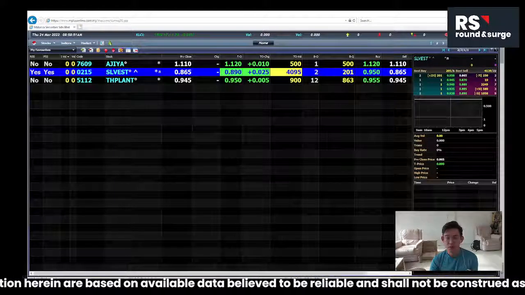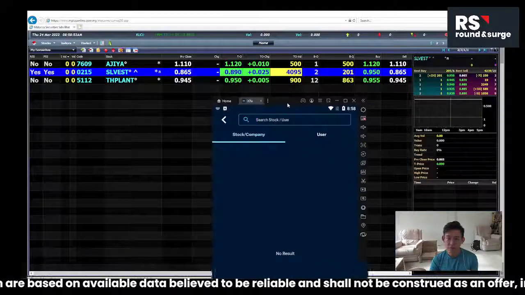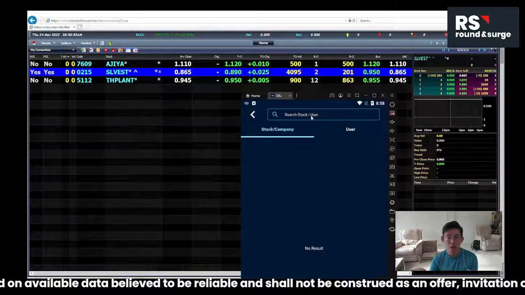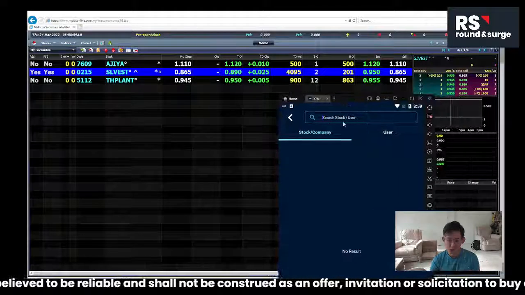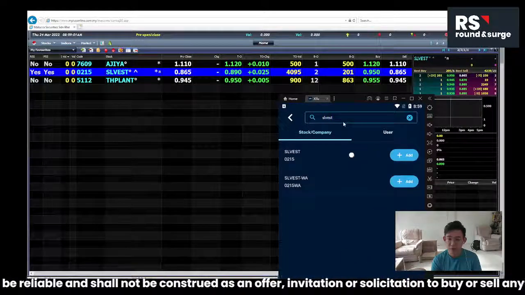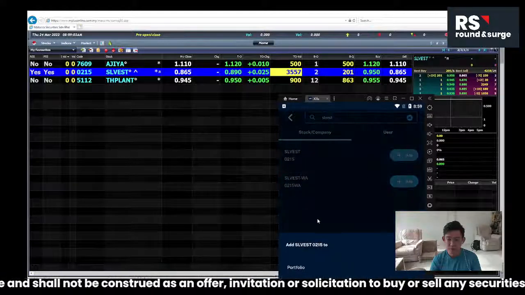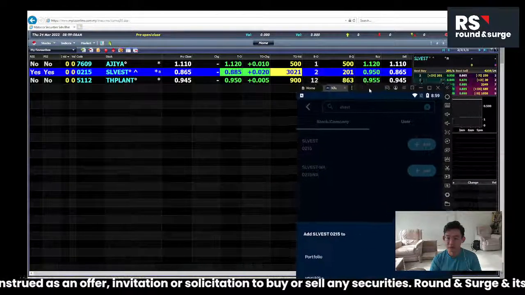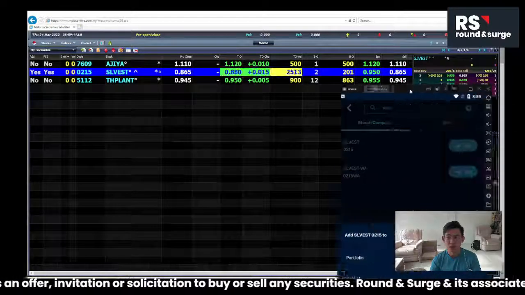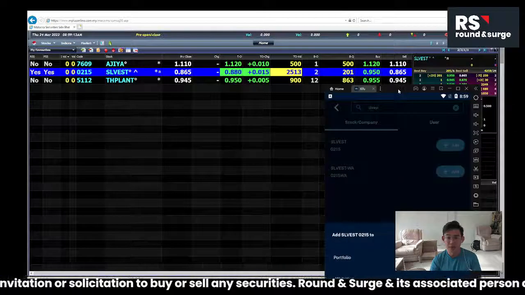I'm using the share investor app here, so I'm gonna key in this. There's a portfolio feature. So 950 is the best buy price, and I'm going to key in at 955.